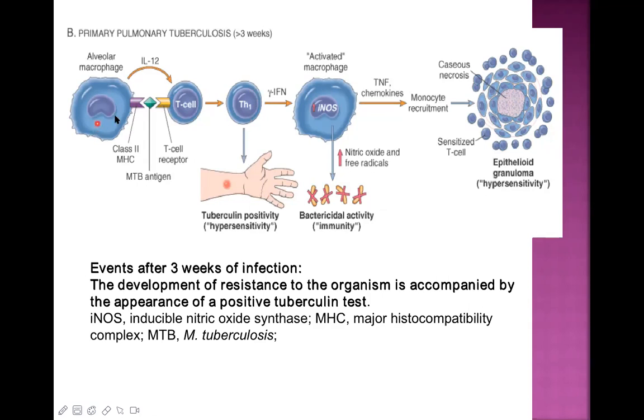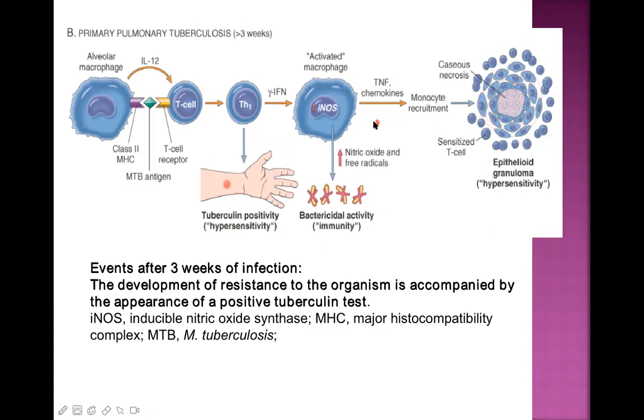That means the microorganism has already entered the lung. It has been processed by alveolar macrophages and presented to the T cell. Now T cells are already activated, and only during this stage tuberculin positivity will be there, even if you do a Mantoux test. And after this also, for the whole duration, tuberculin positivity will be there.